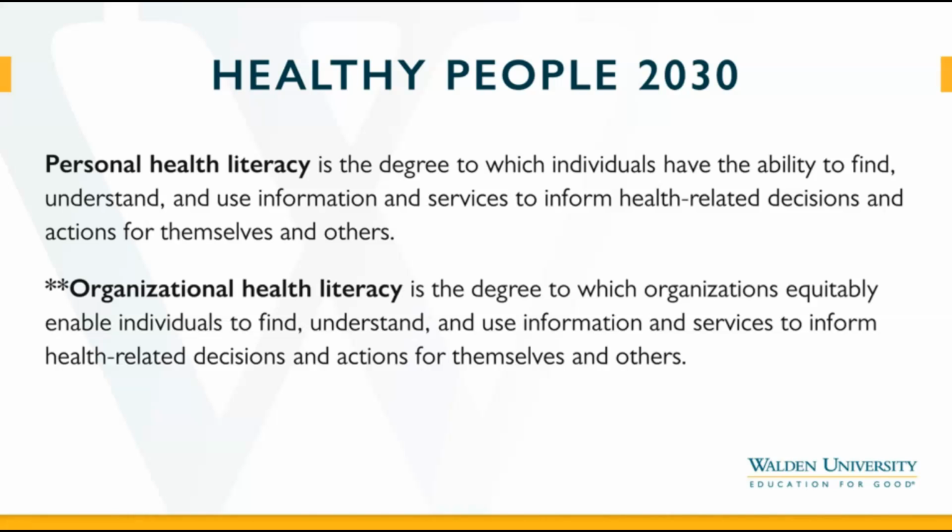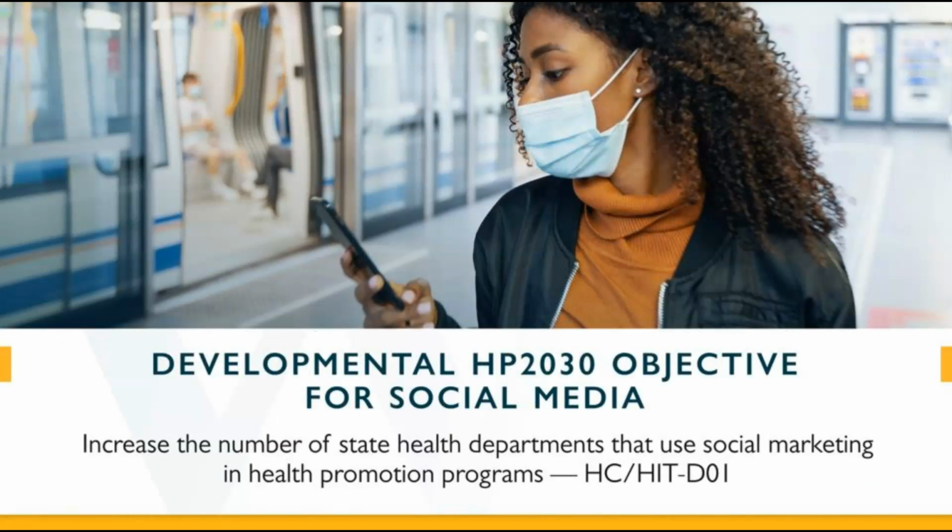Sometimes this concept is not easy to understand. So there may be some pictures and other tools to help make the material a little bit easier to follow. Okay, so a little bit more about Healthy People 2030.